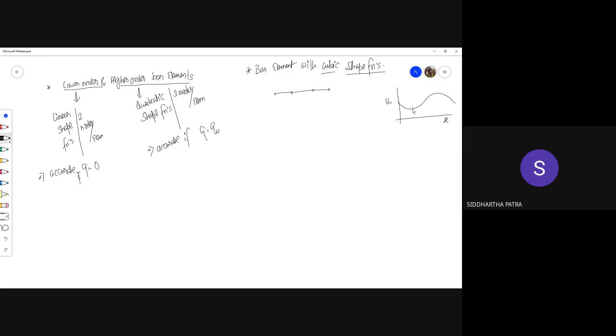A cubic polynomial will have a separate maxima and minima, and sometimes they also get merged. For example, if we're dealing with x cube, the minima and the maxima get merged over here.